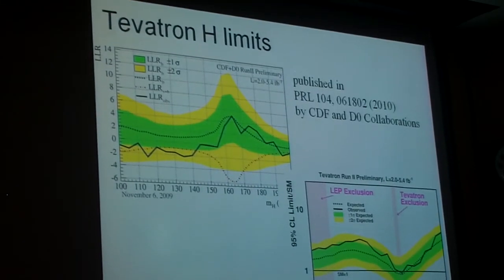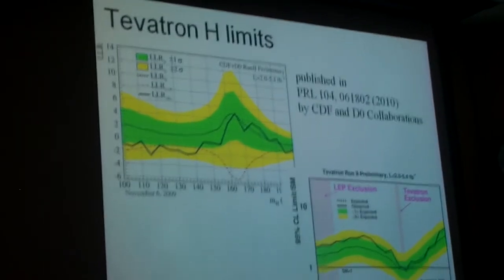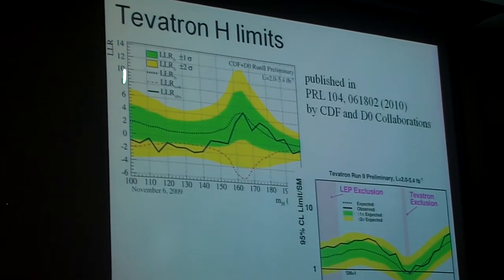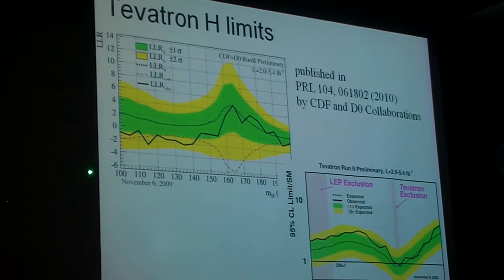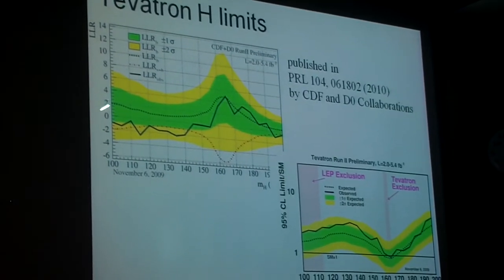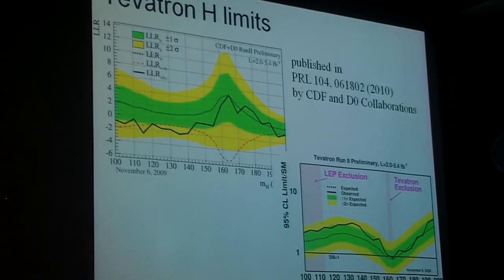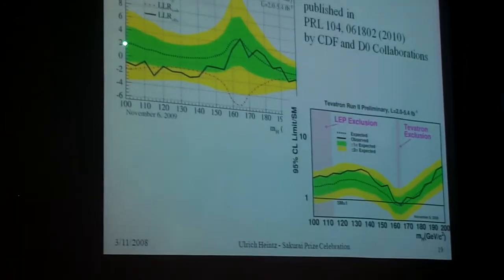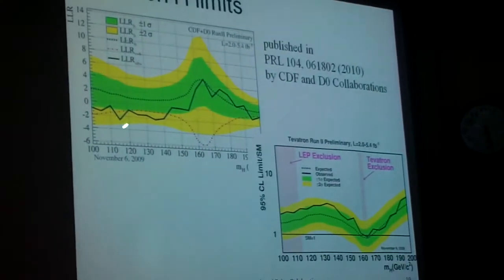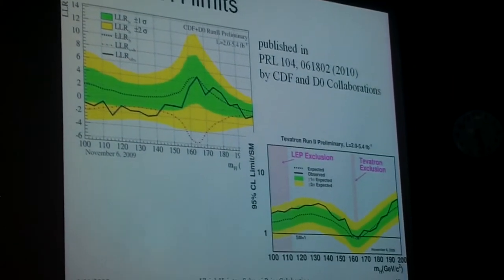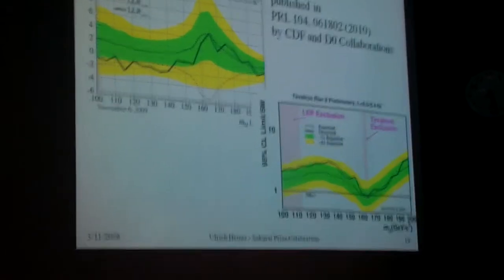So what is the projection for what the Tevatron can do? Here now we're looking at something that's called a likelihood ratio. This is like a discriminating variable for signal and background, and if there is no signal in the data, you expect that the value that you measure for this discriminating variable lies along that dashed curve. The green and the yellow bands indicate what random fluctuations you might see from experiment to experiment.